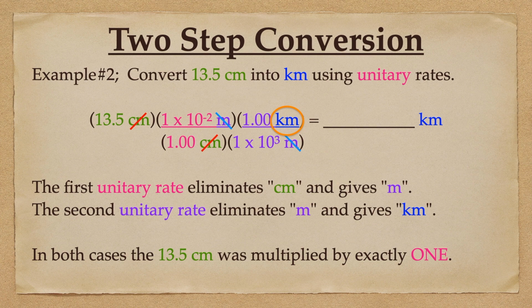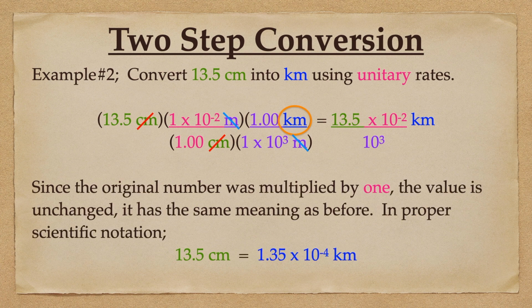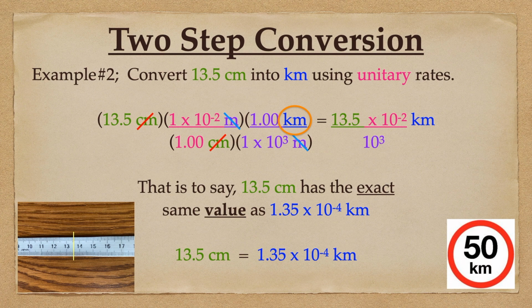In both cases, the 13.5 centimeters was multiplied by exactly 1. Therefore, the value of this original number is unchanged. It has the same meaning as before. In proper scientific notation, 13.5 centimeters is exactly the same as 1.35 times 10 to the minus 4 kilometers. It has the same value.